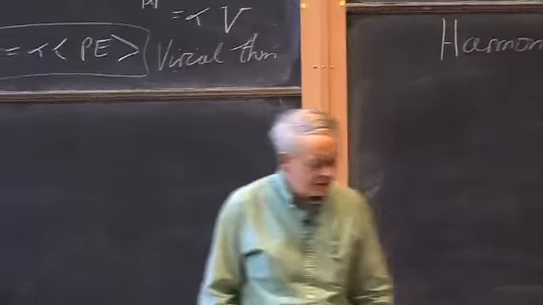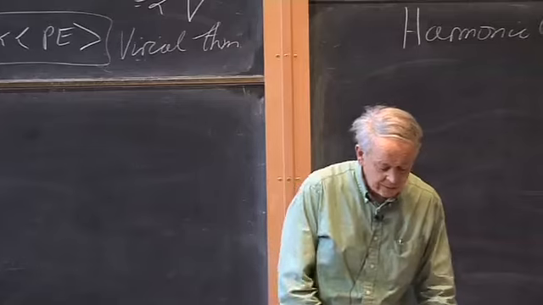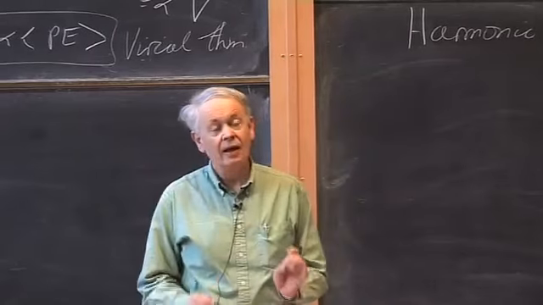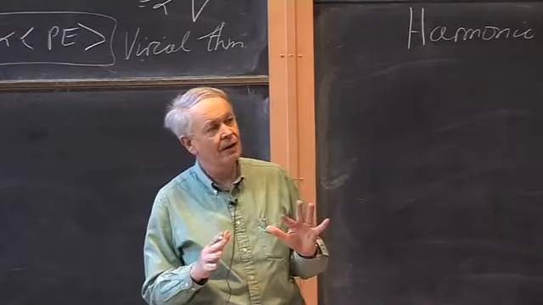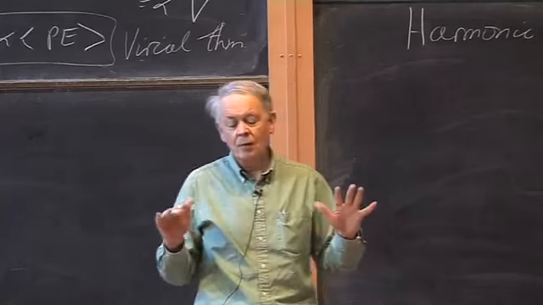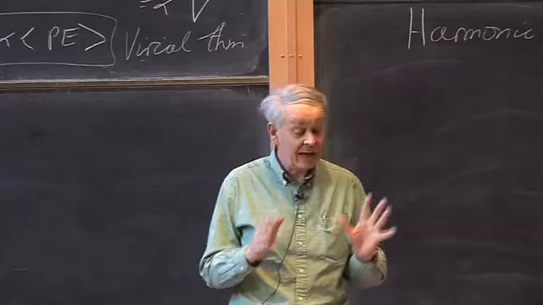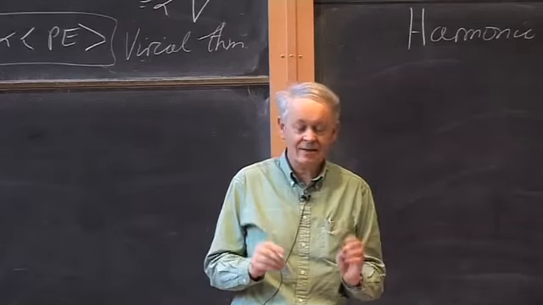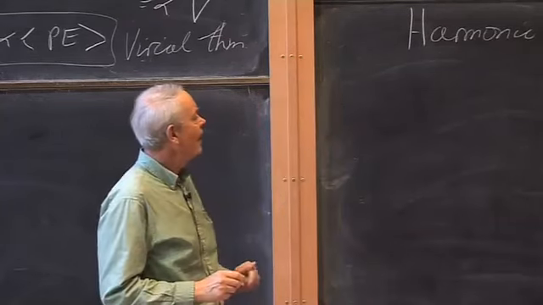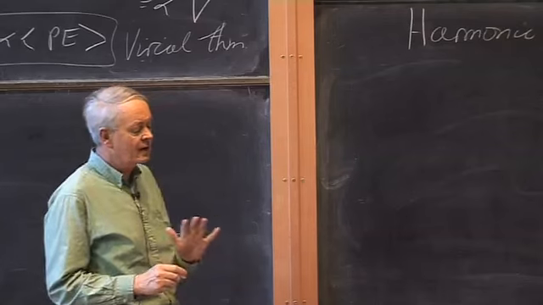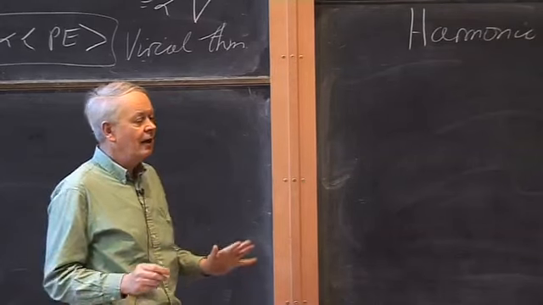Most of field theory, most of quantum field theory, most of condensed matter physics is fiddling with harmonic oscillators, which are decorated in some way. So the basic physics is that of the harmonic oscillator, and it's worth just taking a moment to understand why harmonic oscillators are all over the place.